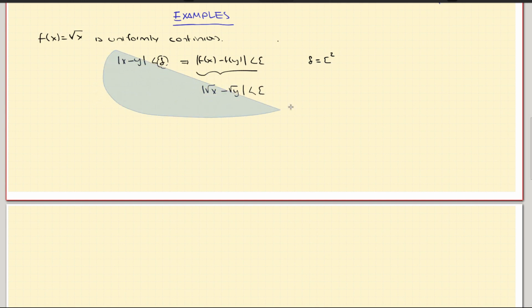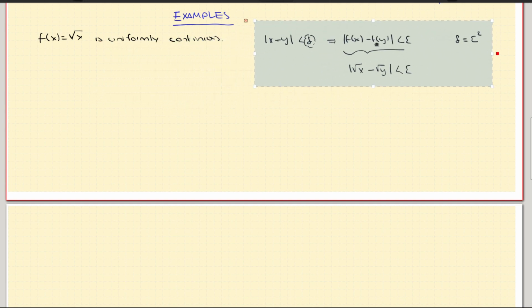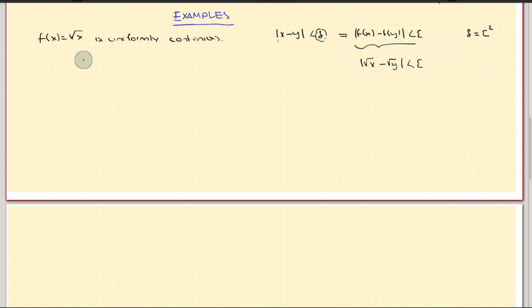Let me demonstrate the result of my observation. We should write it properly: for epsilon greater than 0 given, choose delta equal to epsilon squared.